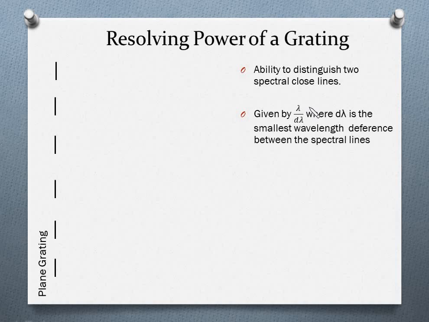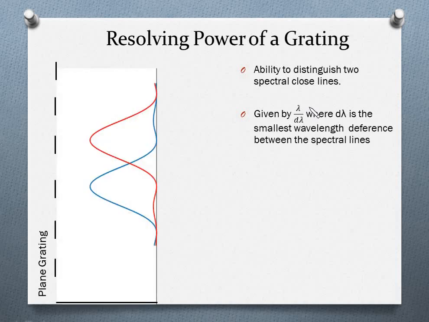Suppose we have a plane grating on which the light coming from two sources is falling and forming a diffraction pattern. Suppose this is the diffraction pattern formed by the first source, and we consider the wavelength of that source is lambda. This is the diffraction pattern due to the second source, having the wavelength lambda plus d lambda.